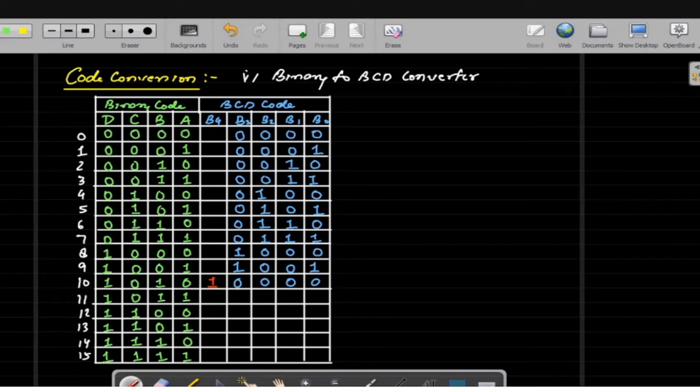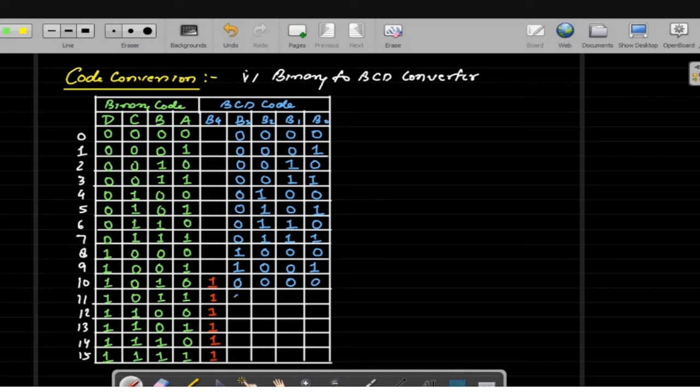So what I am trying to say is that after 10 the reset counter will give you all 1 1 1 1 here, and from here again you will start from all zeros and complete it up to 15.